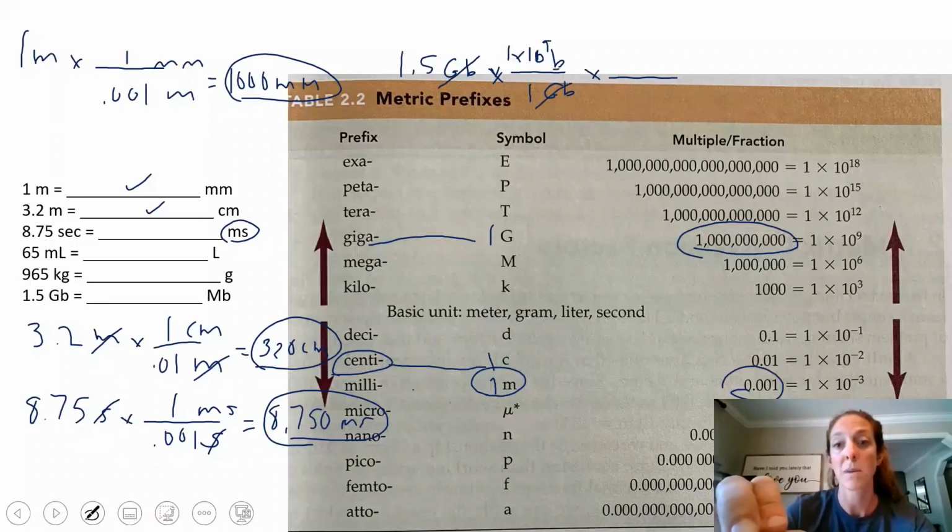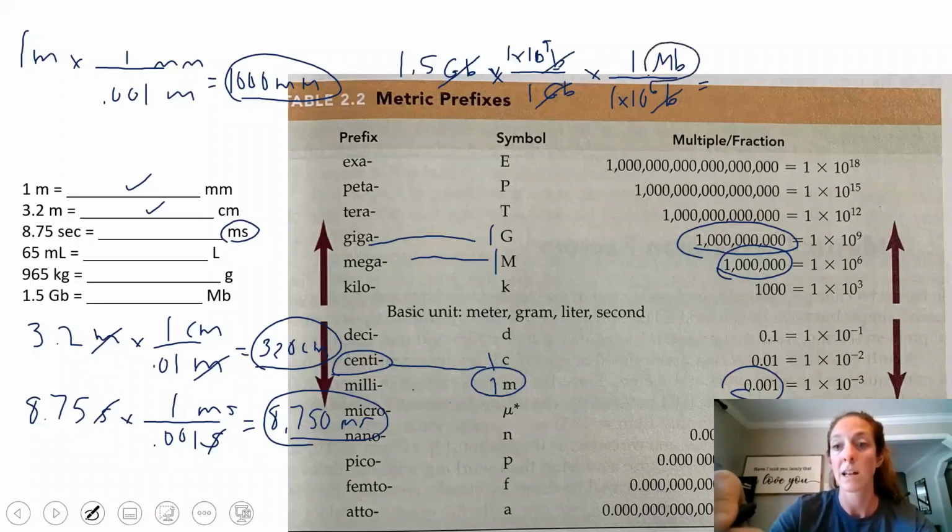Now I'm left with just my bytes. What do I really want to get to? I want to get to megabytes, and I've got bytes. So I'm going to find mega. Yep, for 1 mega, I have 1,000,000, or 1 times 10 to the 6th. That gets rid of my bytes, and I'll be left with that.